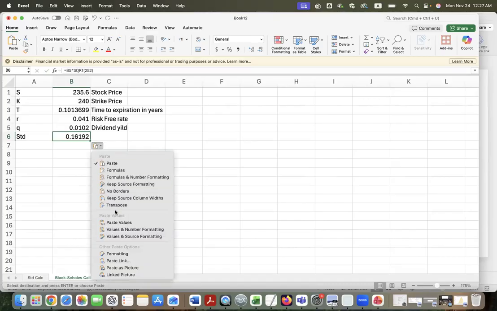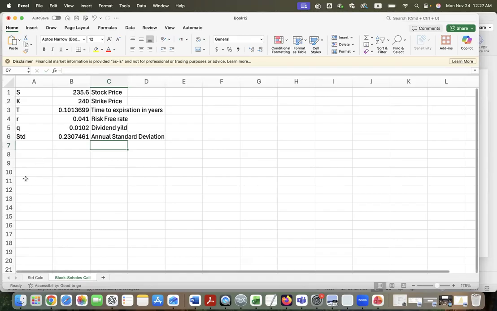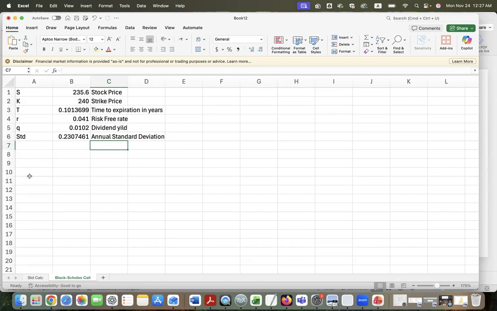I'm going to paste it as values. Okay. So that's STD, annual standard deviation, so later on I know what's happening. Right now I want to do call.